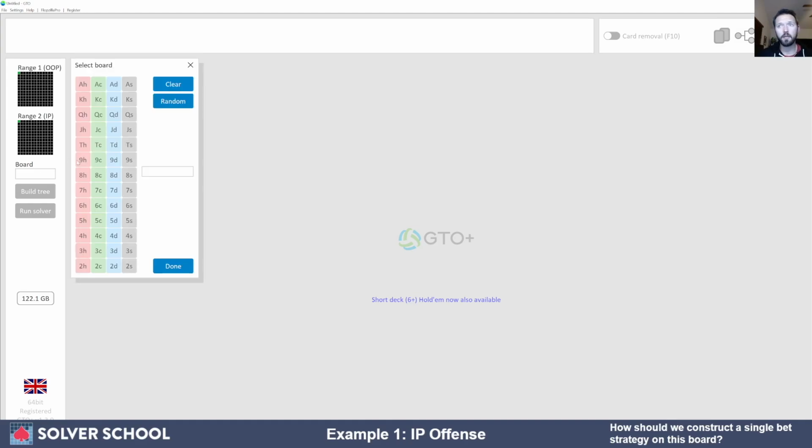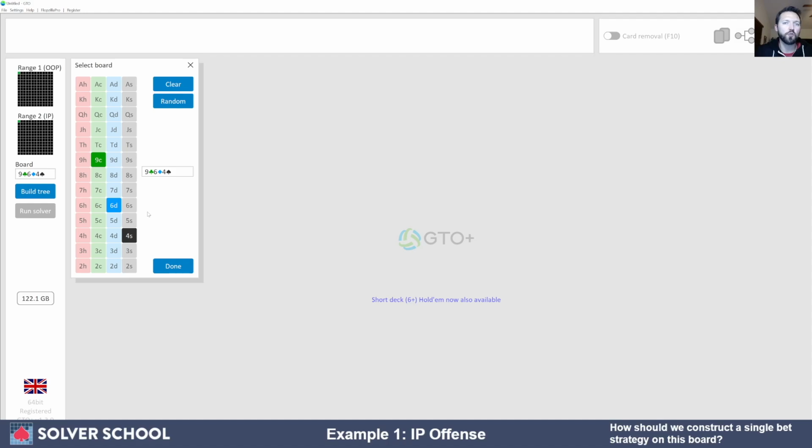So our board is our board, and in this case, our board is the 9 of clubs, 6 of diamonds, and 4 of spades. Now, as I mentioned in some of the lecture, there is a concept called suit isomorphism, which means that we can build this board out in a variety of different ways.